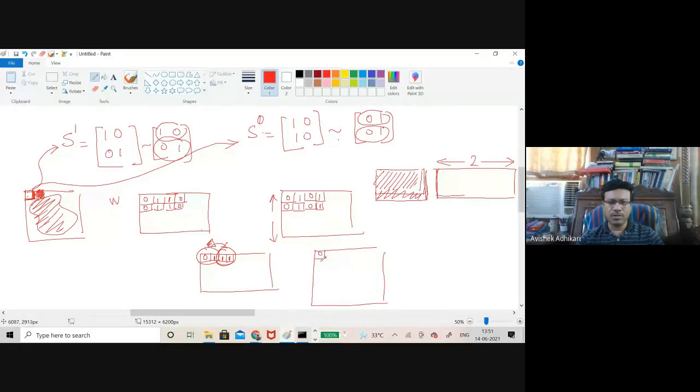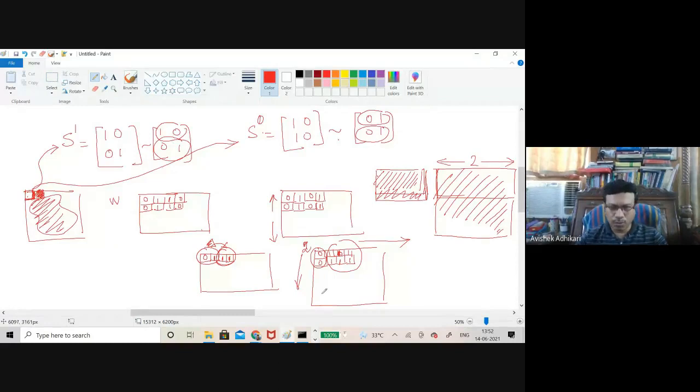So the number of blacks here is 6 and the white is only 1 or 2. But here the aspect ratio is maintained. That means you are increasing here 2 times as well as here 2 times. That will be your superimposed image.